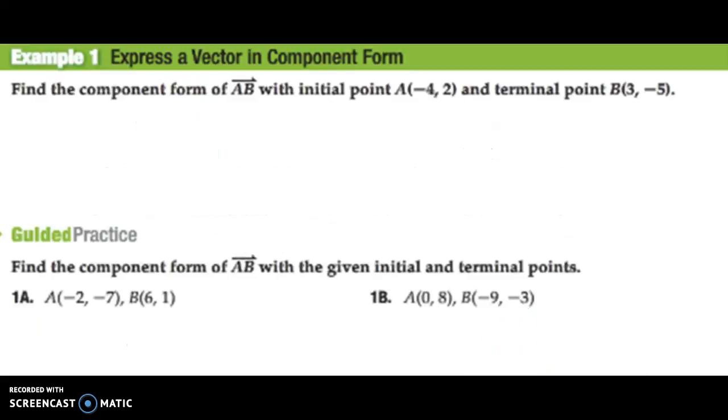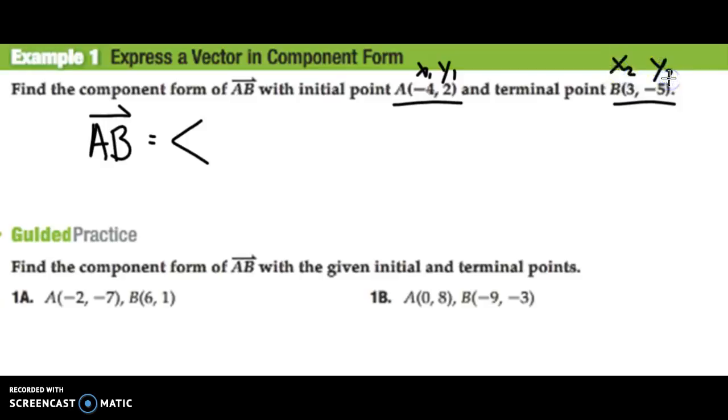If I look at example 1 here, it says find the component form of vector AB with initial point (-4, 2) and terminal point (3, -5). So if I say this is (x1, y1) and this is (x2, y2), the vector is <x2 minus x1, y2 minus y1>.